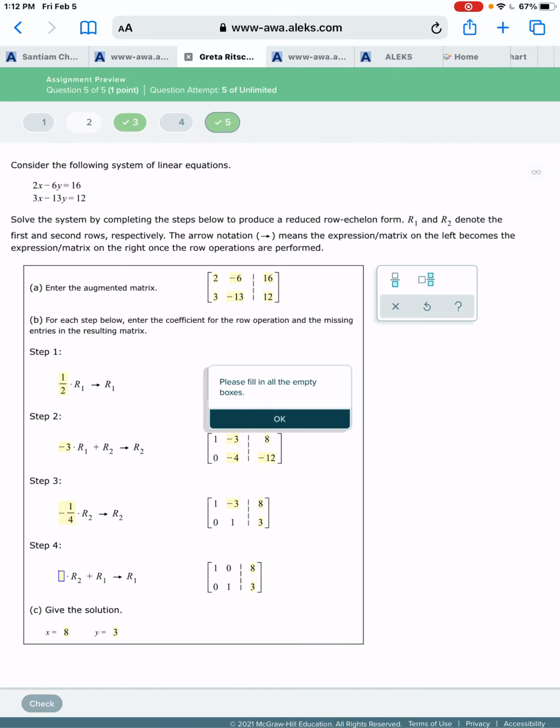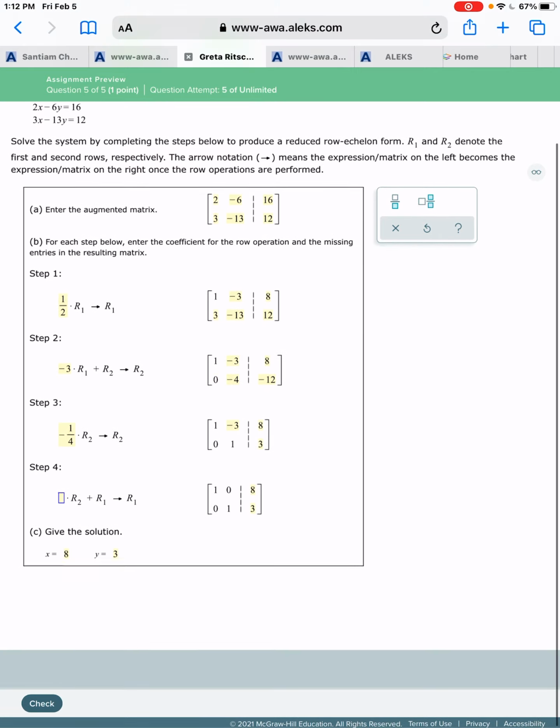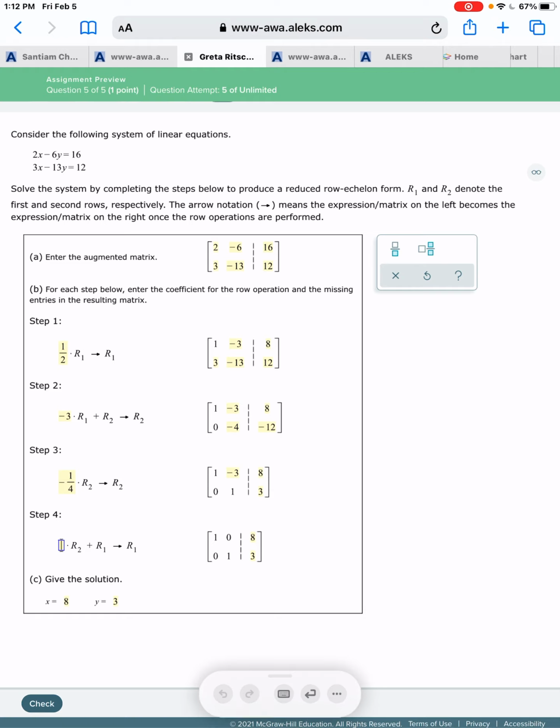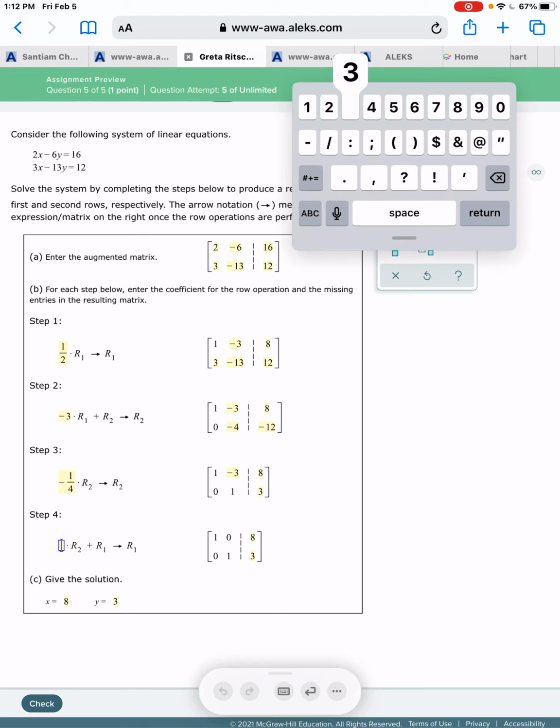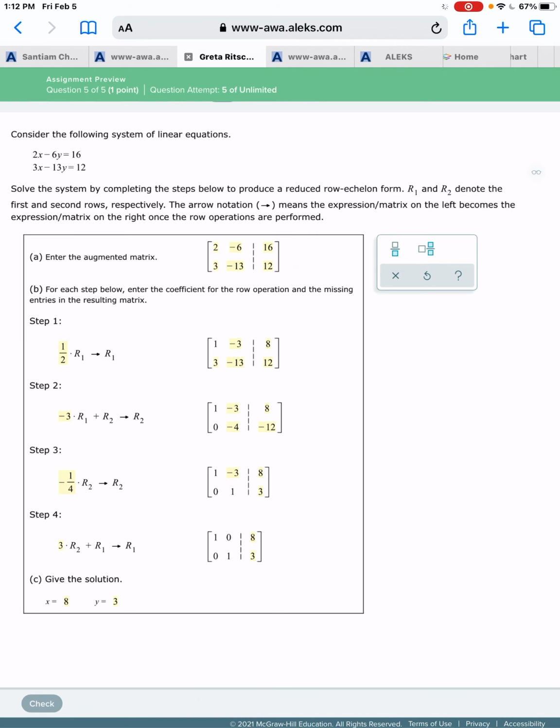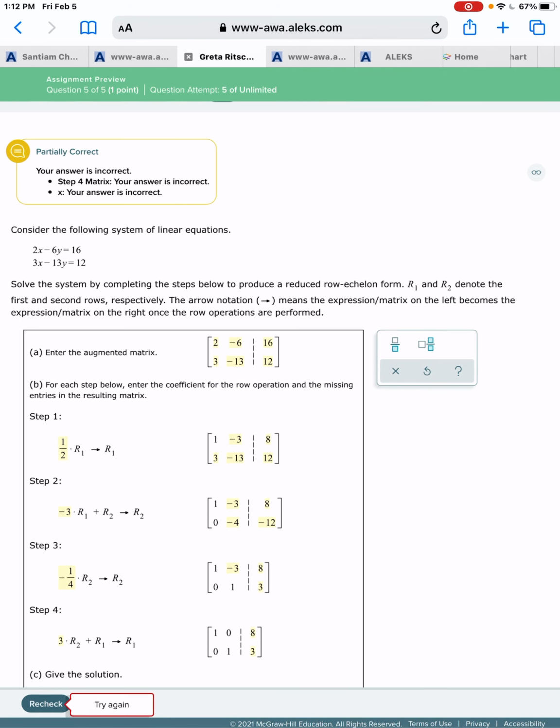Oops, do I have an empty box? Maybe. Right there. What did I multiply by? I multiplied by 3. Matrix 4 is incorrect.